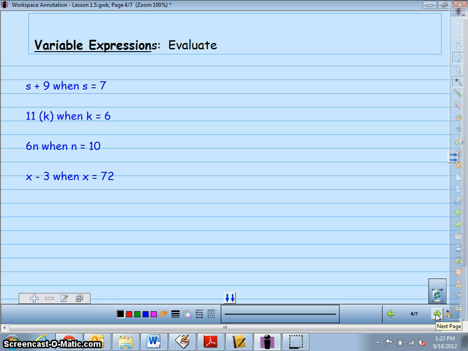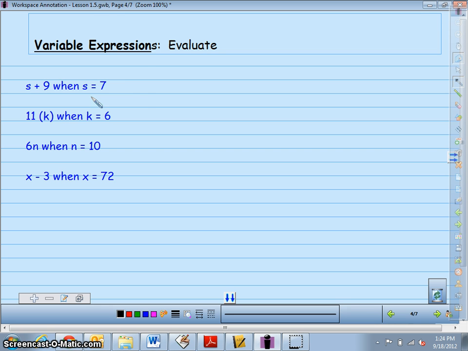All right, variable expressions. Evaluate. We kind of struggled with the term evaluate before. Remember, evaluate just means to simplify or kind of solve what we have there. So when we have s plus 9, when s equals 7, you're going to have some examples like this in your homework. All this means is let's take this 7 and plug it in for s and then see what we have.